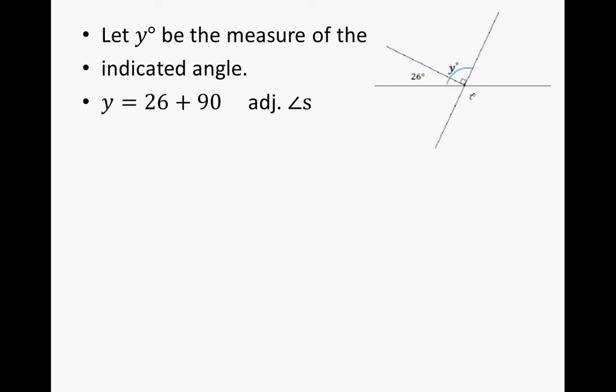That means we would have y is equal to 26 plus 90 degrees because these are adjacent angles. So that means y would be 116 degrees. And if that's the case, t is equal to y because they are vertical angles. So t is also equal to 116 degrees.